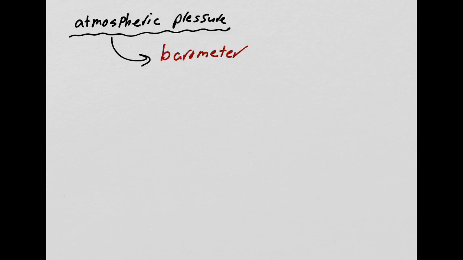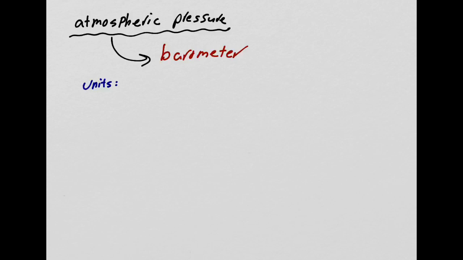Now, before I keep going, because I want to actually show you how a barometer works, do I want to show you first, or do I want to give you the units first? I want to give you the units first. I want to give you the units for pressure. So again, a barometer is how you would measure atmospheric pressure.